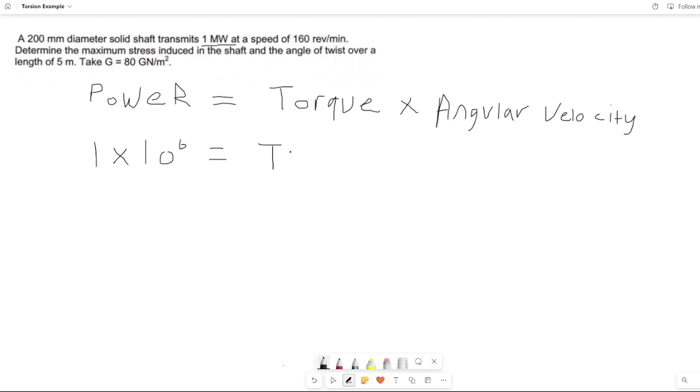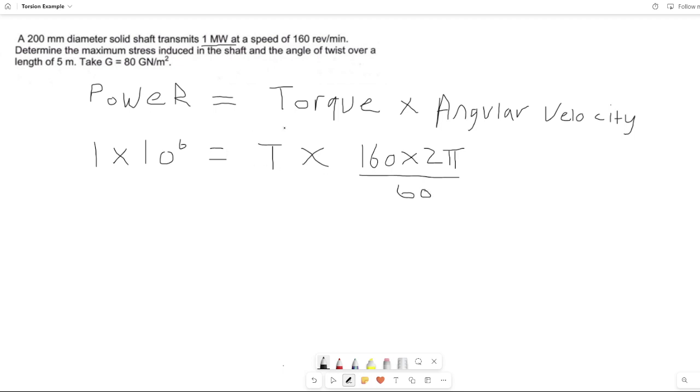So T times the angular velocity. The angular velocity in this case would be 160 times 2 pi divided by 60. That's the conversion that you would need to do.